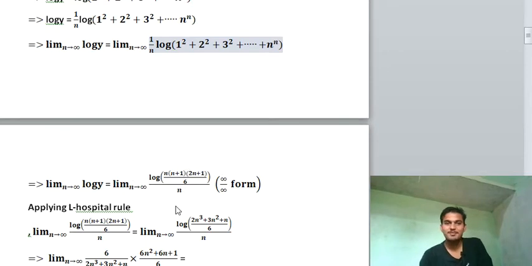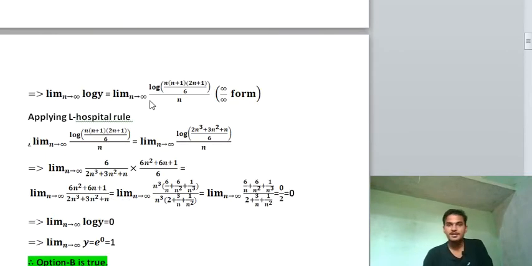So we have to apply L'Hospital's rule to find the limit of this. Here we have to take the derivative of the numerator with respect to n, and the derivative of the denominator with respect to n.